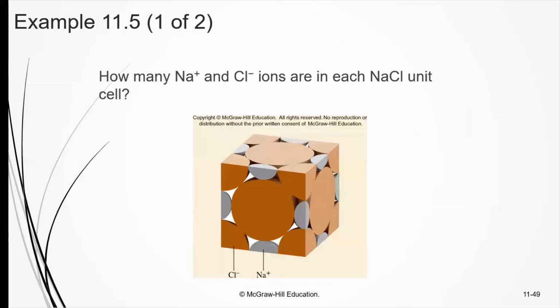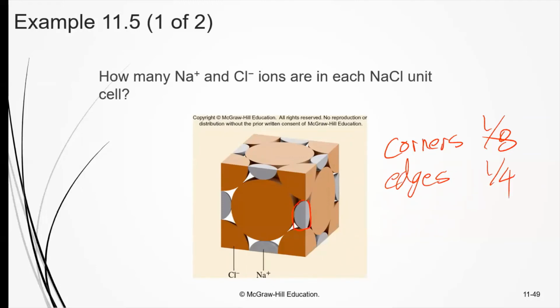Instead, we do want to get an idea about how to measure our different ones. So corners are eighths, edges are quarters, and then these ones that are in the middle, the faces, are half. And so in this case, if we want to think about how many different options we have, our gray ones are going to be our sodium, and we know that because they're smaller in size.